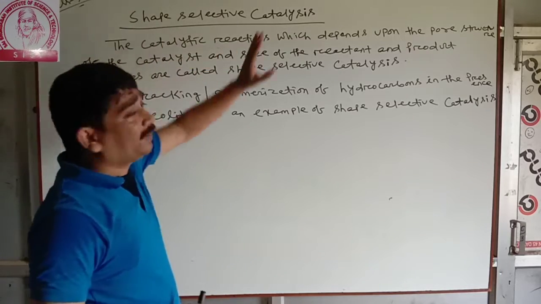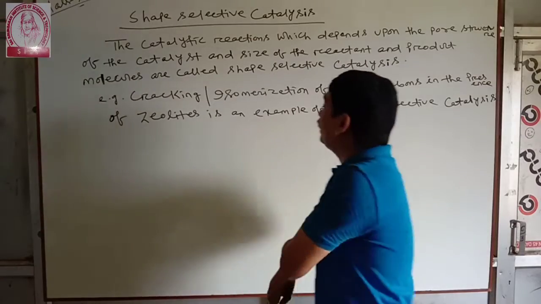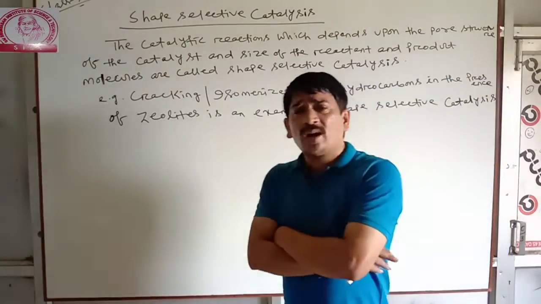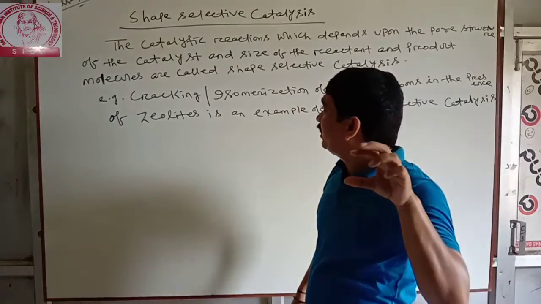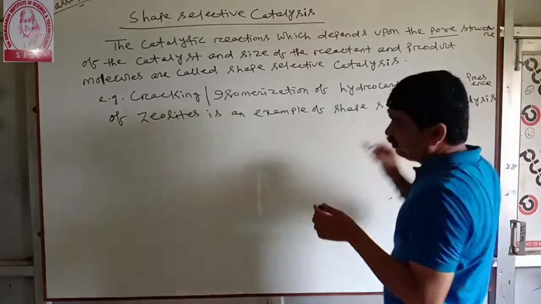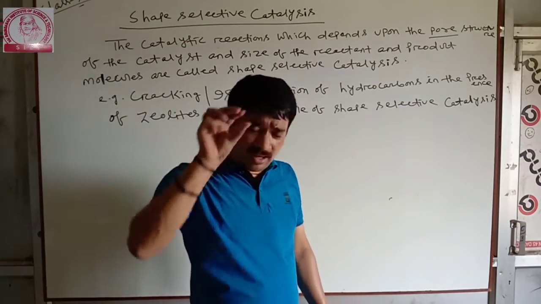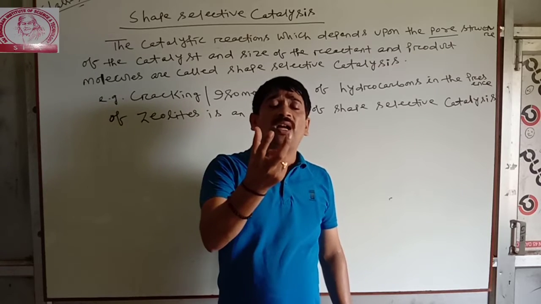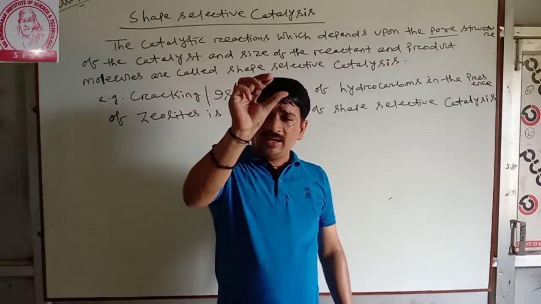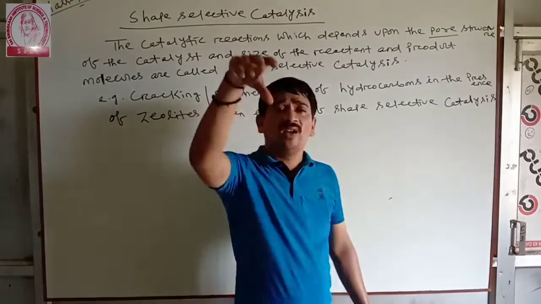So what is self-selective catalysis? The catalytic reactions which depend upon the pore structure of the catalyst. What do you mean by pore structure? Pore structure means very small fine holes that are present in the catalyst. In the case of a filter candle, you will observe the pore structure through which the water filtrates.